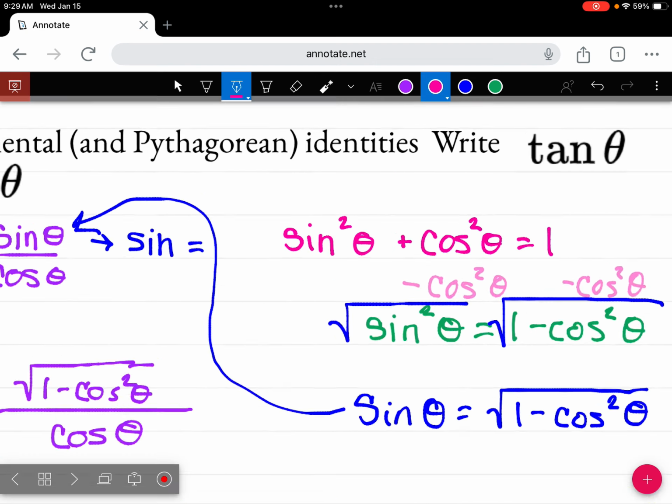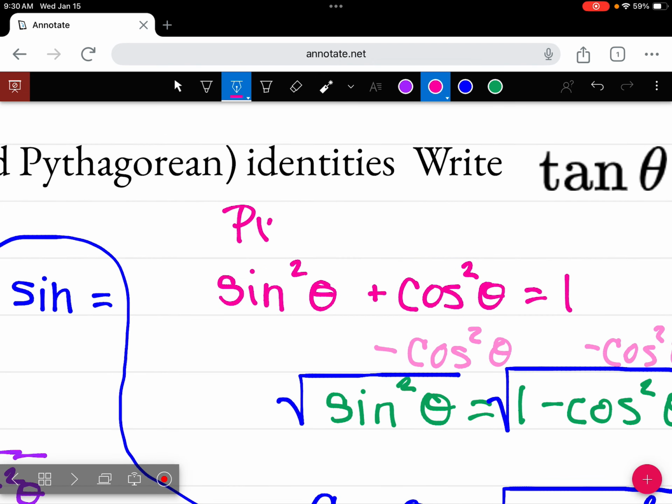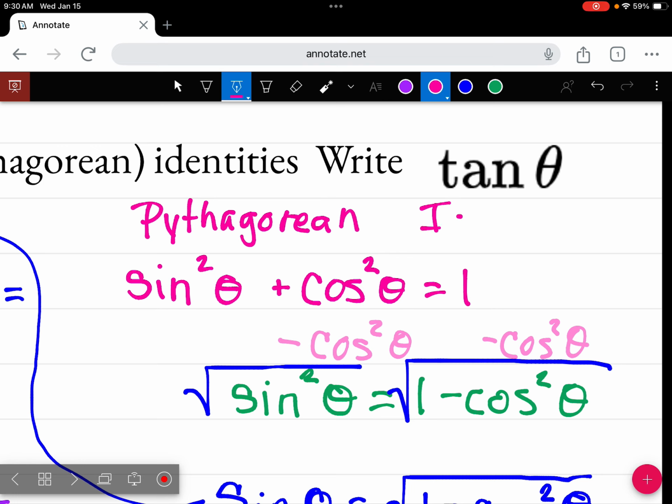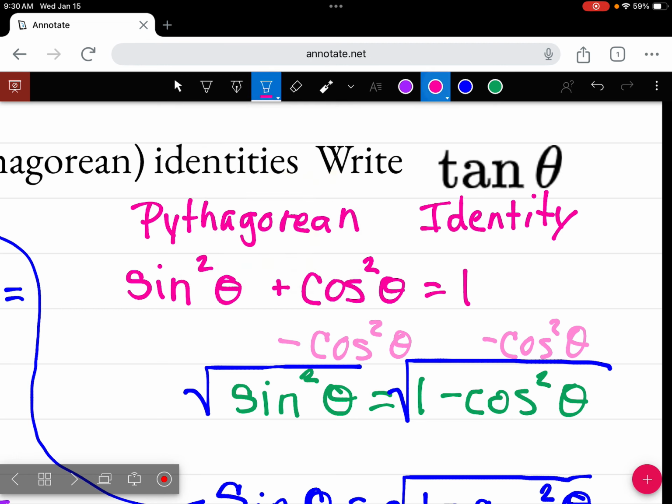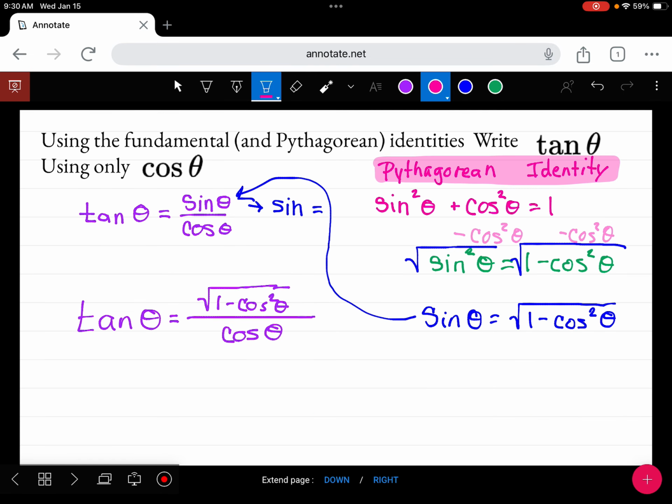So this is one of the Pythagorean identities, and I'll just label that for us here. There we go. We need to work on memorizing these. We are going to need to know them. We're going to use them lots and lots and lots. But that's one of those Pythagorean identities.